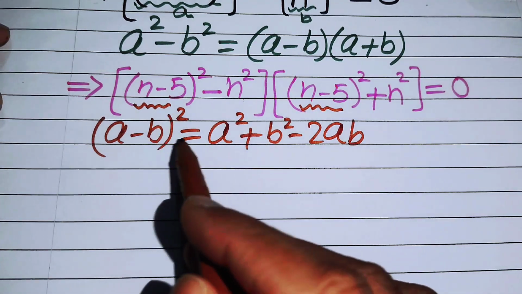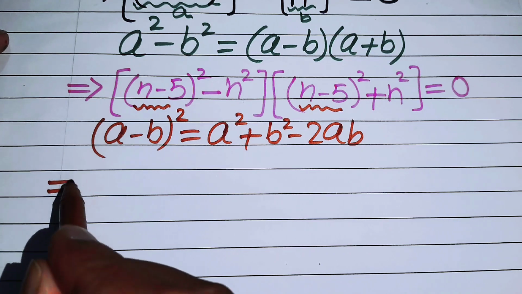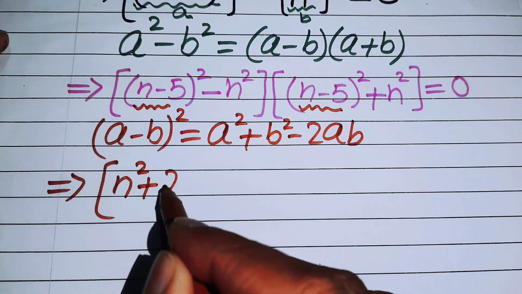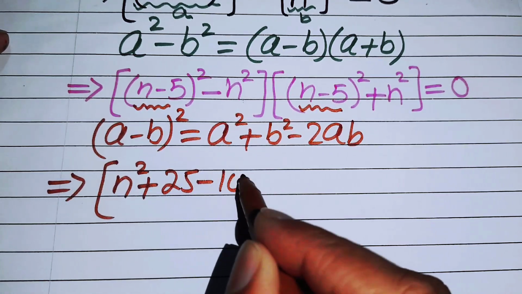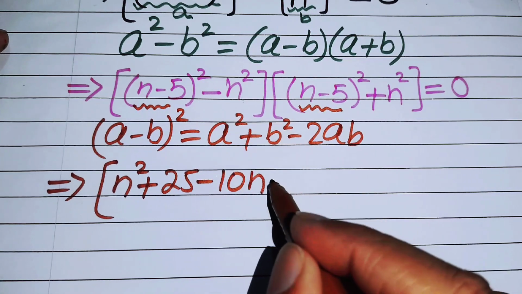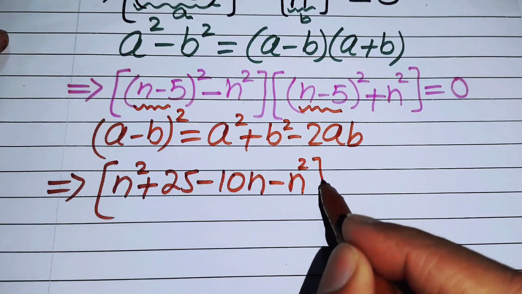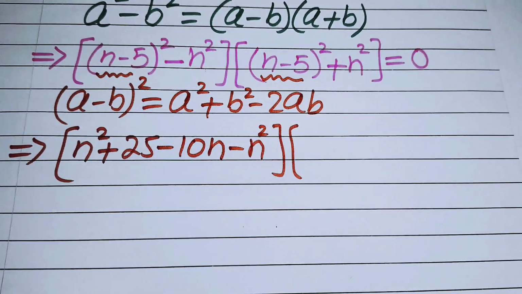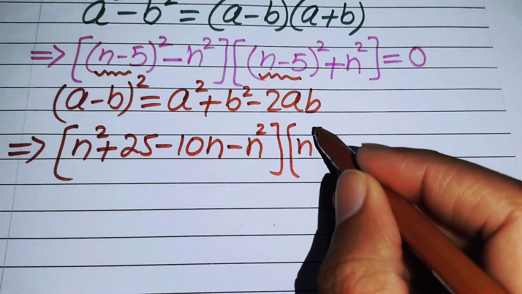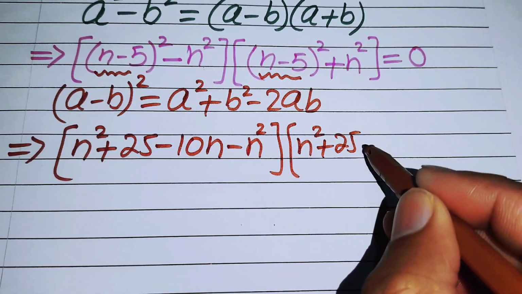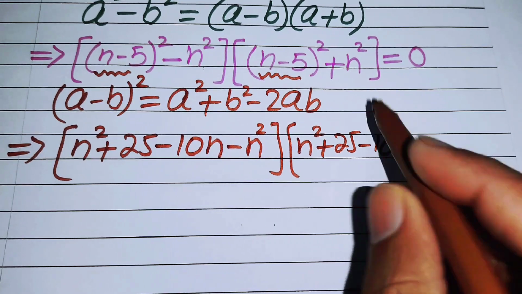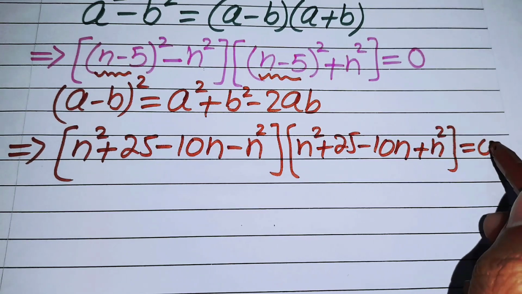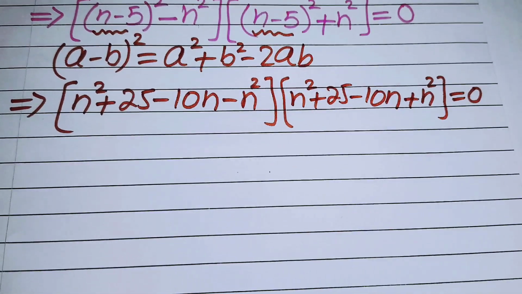First I apply this formula on this expression, and it becomes n squared plus 25 minus 10n, and here we have minus n squared, into, now we apply this formula on the first term, and we write n squared plus 25 minus 10n, and here you have plus n squared, and this whole equals 0.